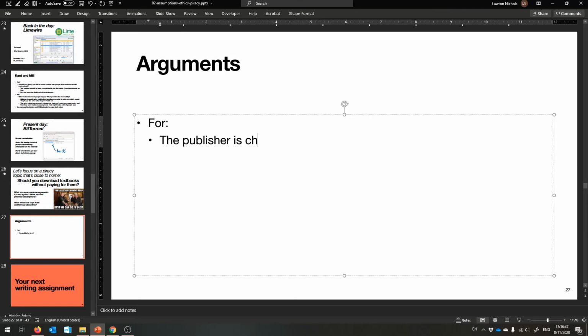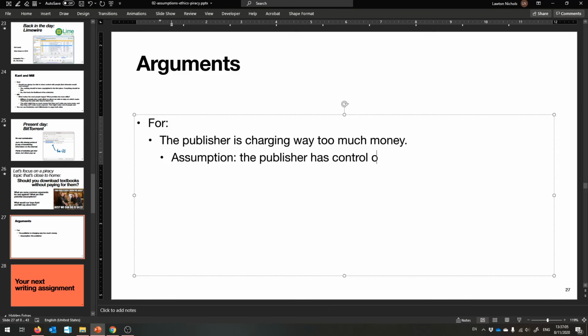He's charging way too much money. And the assumption there, or one of the ones that you could pick out, is that in this argument, you're assuming that the publisher has control over the price. And they're extorting you.